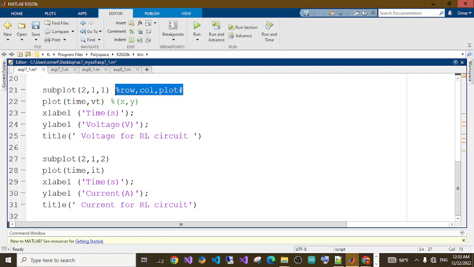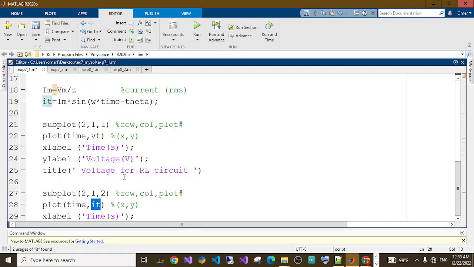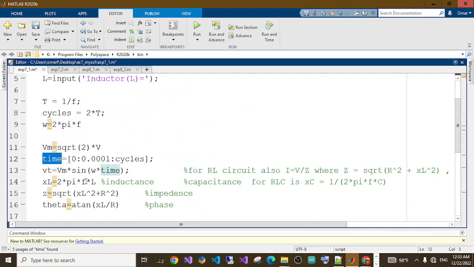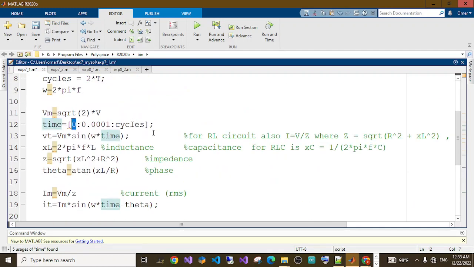This time the y-axis will have the IT values, coming from this formula, against the same time values ranging from 0 to cycles.